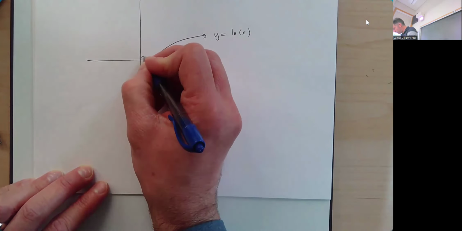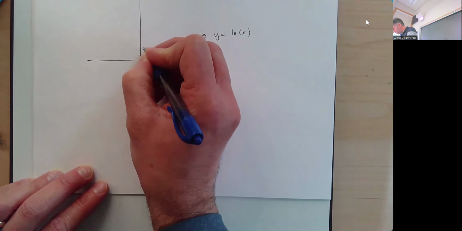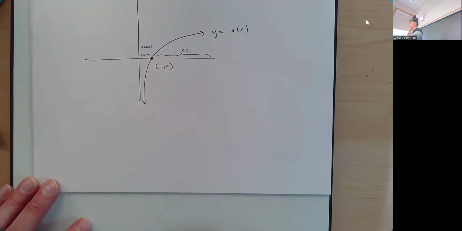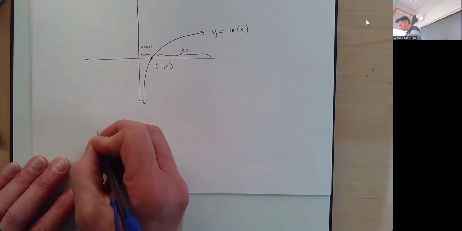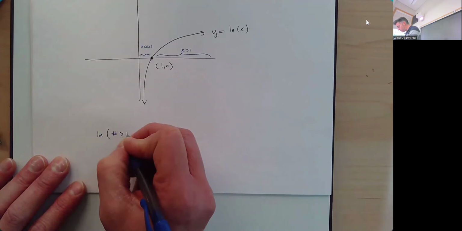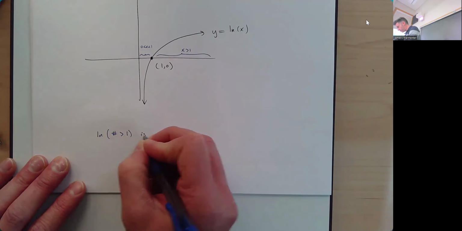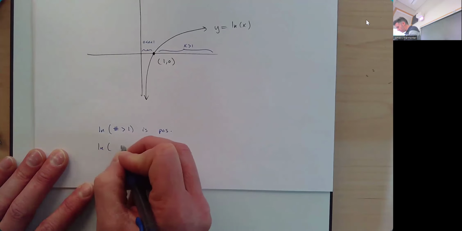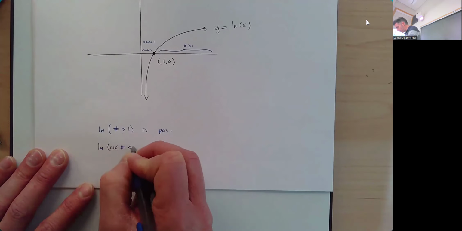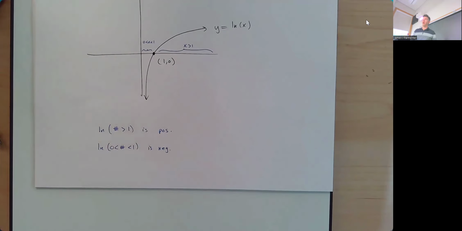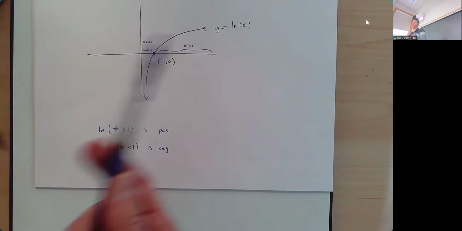Whereas if x is between 0 and 1, then your corresponding y values are negative. So that's why when you take the natural log of something bigger than 1, it's going to be positive, whereas the natural log of some number between 0 and 1 is going to be negative. That's how I knew that the natural log of 1/2 was negative, and that the natural log of 3 was positive. I'm just thinking about what this graph looks like.